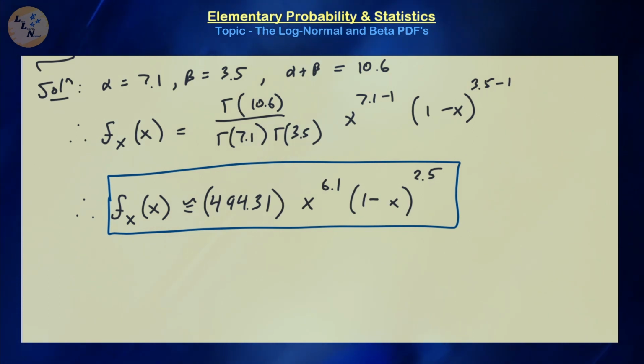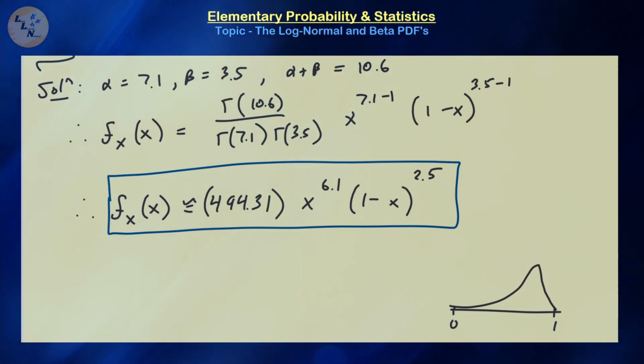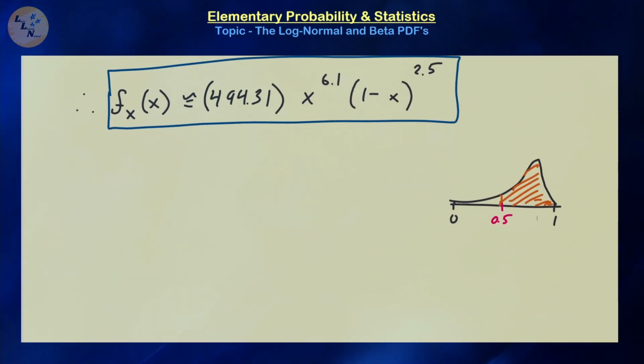So let's just draw our little picture here. So here's 0, here's 1, and here's our skewed distribution. And we want the probability that x is bigger than 50%. So we want the area of this shaded region and not the area to the left of that.